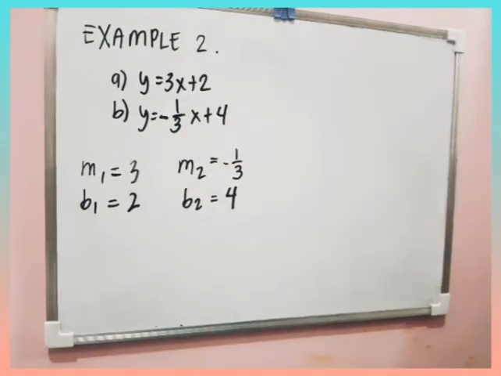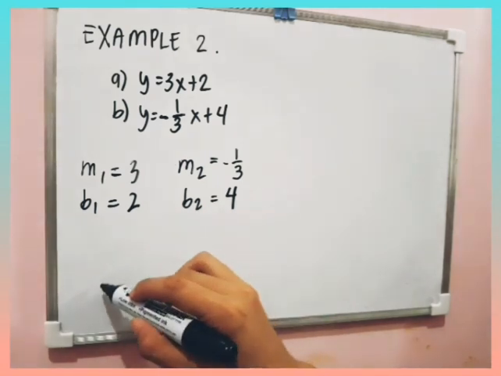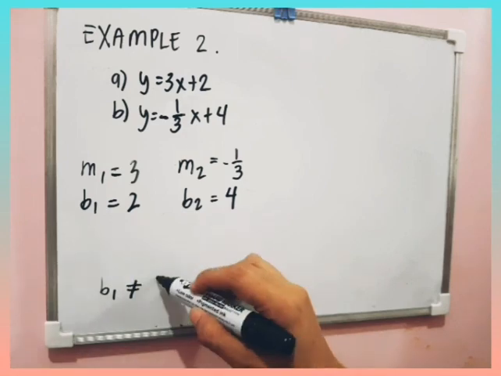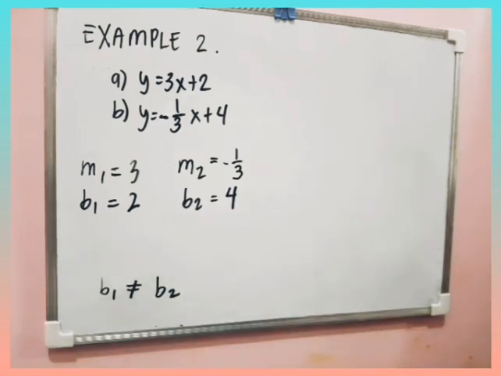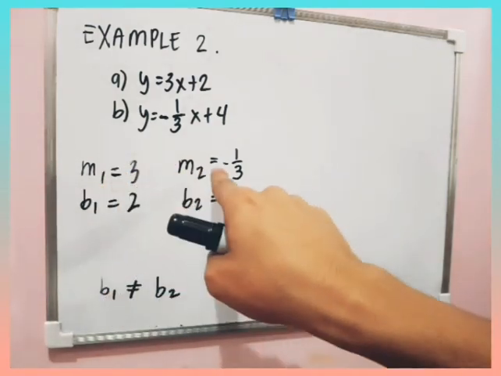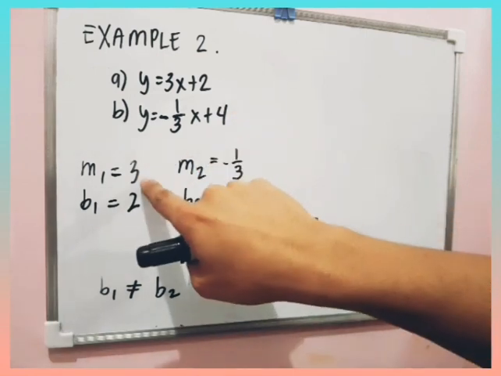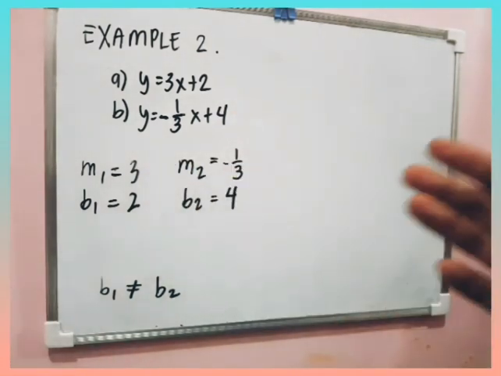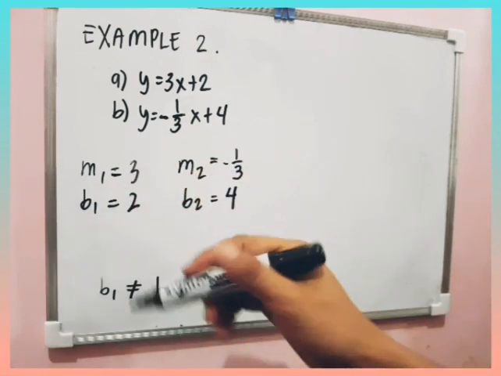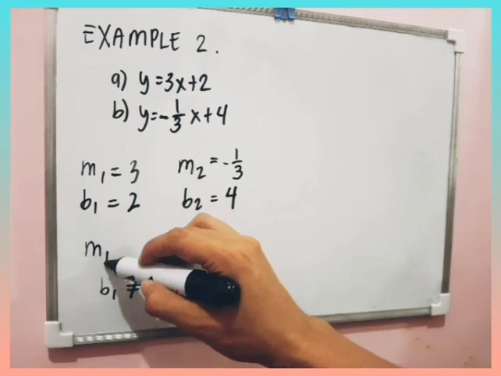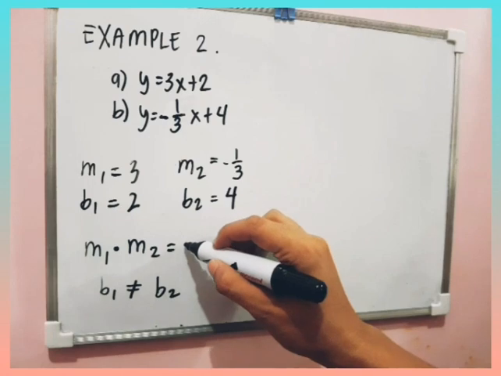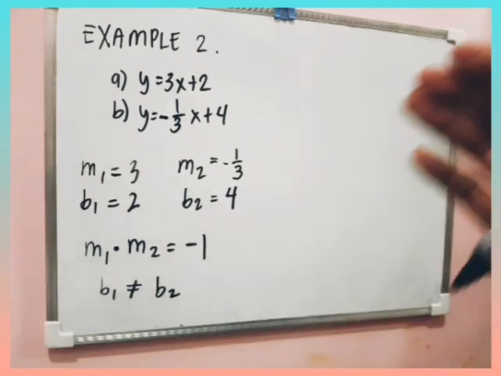So ngayon, anong napansin natin? Ang y-intercepts natin, ang ating b sub 1 is not equal to b sub 2, or yung y-intercepts natin ay hindi sila equal. Pero kung mapapansin nyo po, yung slope natin ay kabaliktaran lang. Yung 3 ay naging 1/3 pero negative. So, it is negative reciprocal yung slope. Kapag pinag-multiply po natin yung dalawang slope, m sub 1 times m sub 2, magiging equal siya sa negative 1.